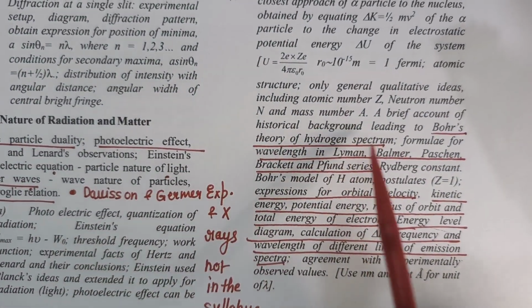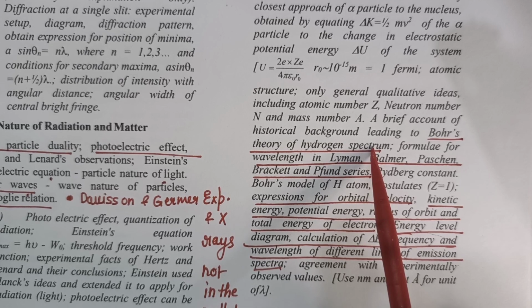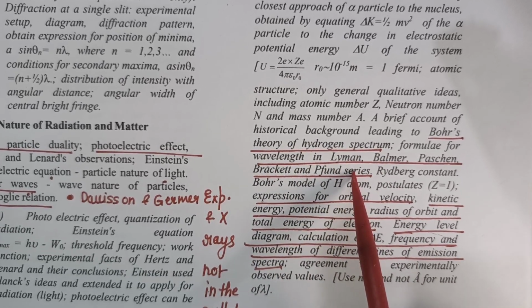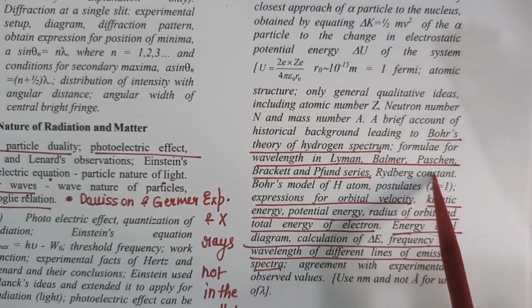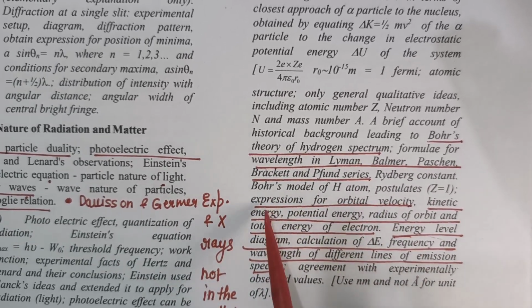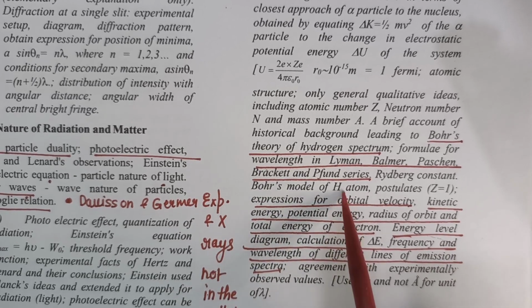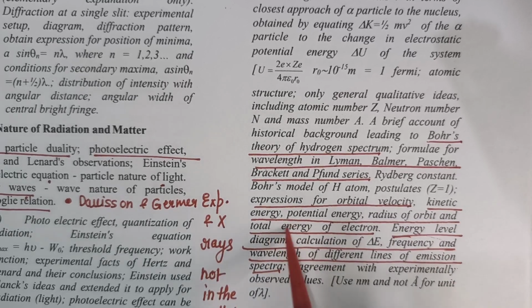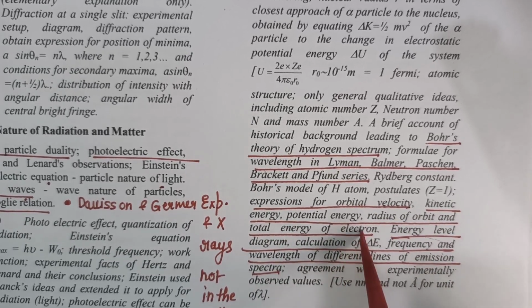Then in atomic physics, Bohr's theory of hydrogen spectrum, Lyman, Balmer, Paschen and Brackett-Pfund series. Then Rydberg's constant concept, derivation of expressions for orbital velocity, kinetic energy, potential energy of an electron orbiting around the nucleus, radius of orbit of the electron, and total energy of the electron.